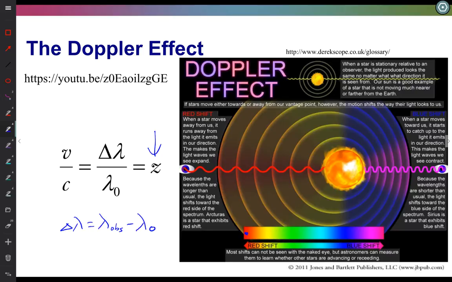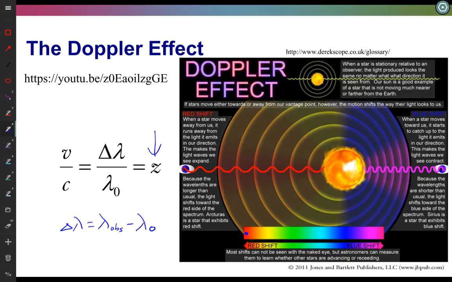So lambda 0 is the wavelength you have in the laboratory from some emission line. And delta lambda is that shift, the observed wavelength minus what it would be in the laboratory. And Z, your Doppler shift, is the ratio of the shift in wavelength divided by the wavelength. And it turns out that that shift is simply equal to the speed of the object divided by the speed of light.